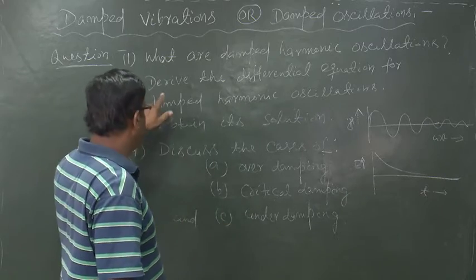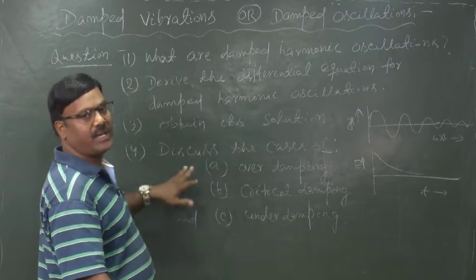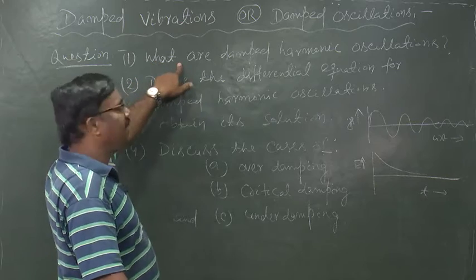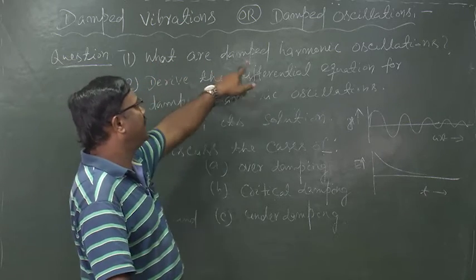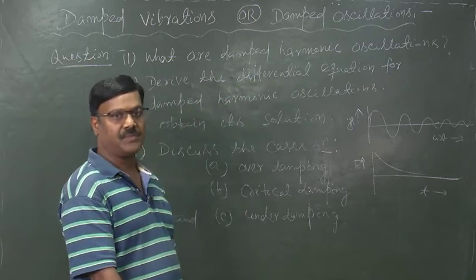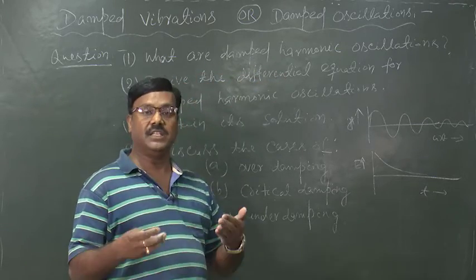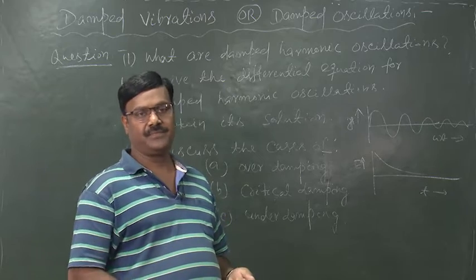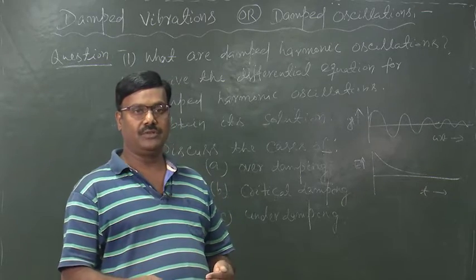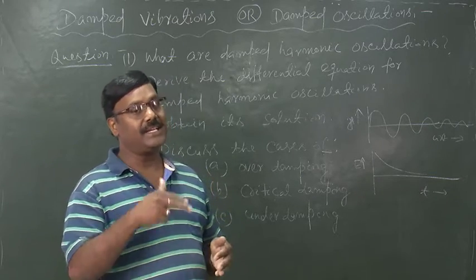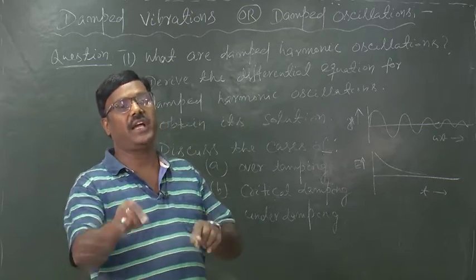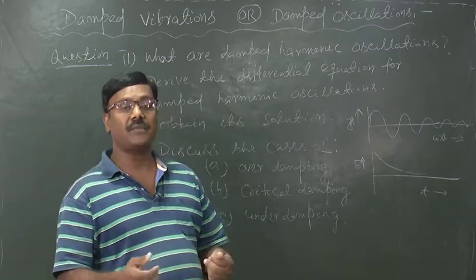Let us discuss all these things one by one. I have already clarified what damped harmonic oscillations are, but once again I am repeating: these are the oscillations whose amplitude and energy gradually decrease with time. Where are these oscillations found?